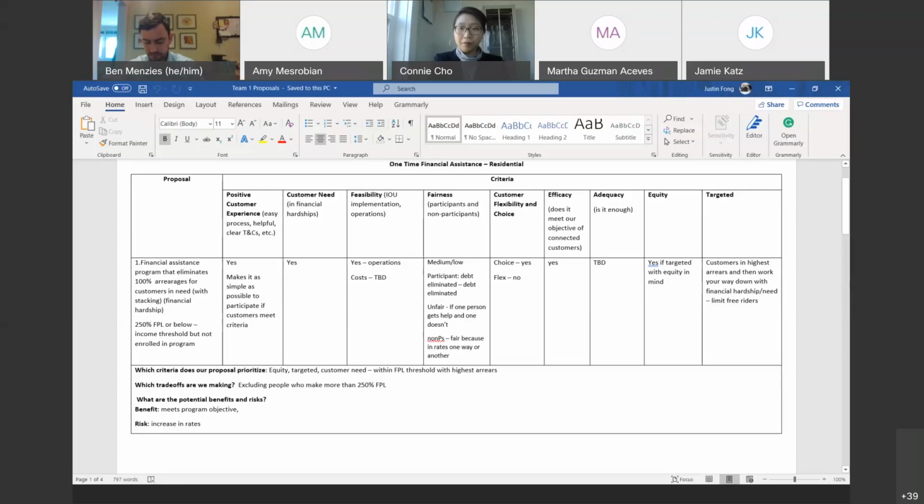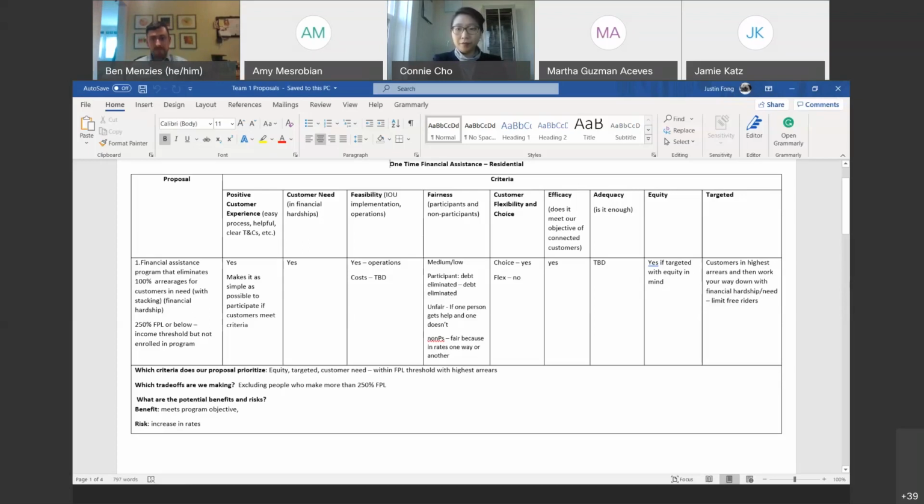So the first proposal that we have is a financial assistance program where for all customers at or below 250% of the federal poverty level, 100% of their arrears would be forgiven. And this could be stacked with other programs, but does not require enrollment in CARE, FERA, or AMP.